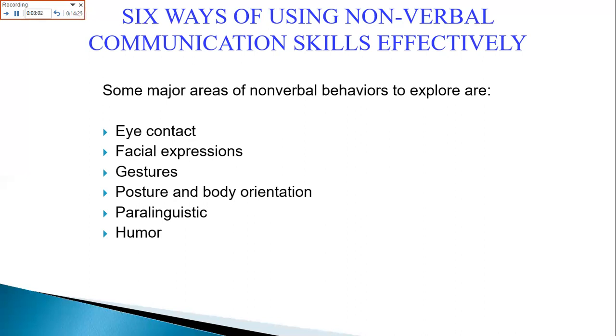Sixth one is humor. We know the humor when we talk on specific topics. We must know about that topic, how we can express effectively our point in front of the public.